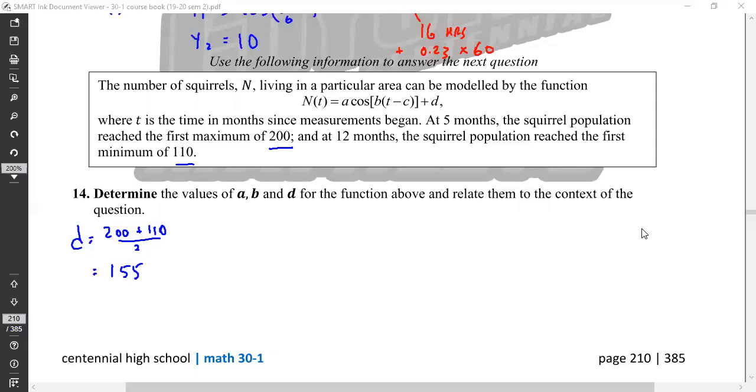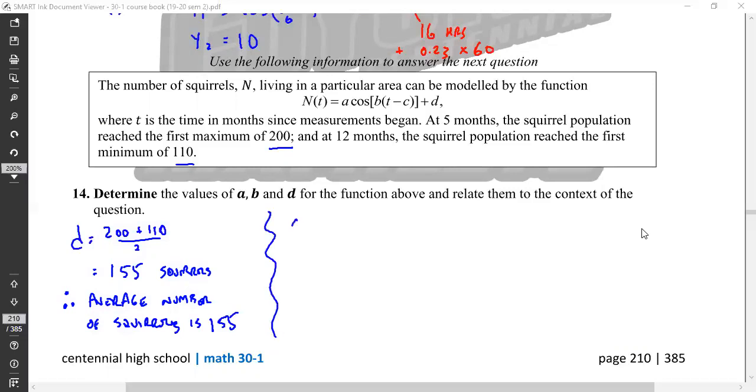Now, what does that mean? What is that measuring? Our units on that is squirrels. Therefore, because we have to relate this to the context, the average number of squirrels is 155.